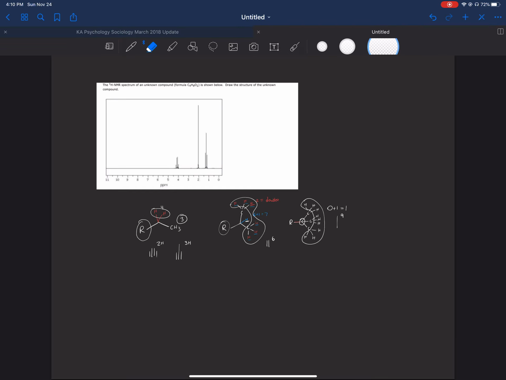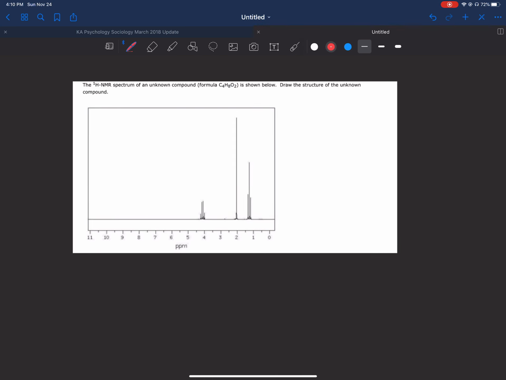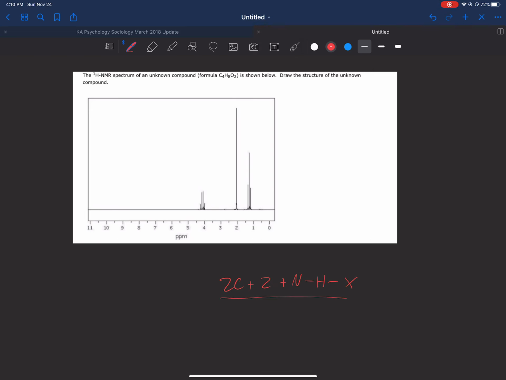So, we have C4H8O2. First thing you always have to do when doing HNMR, CNMR, always calculate your IHD. So again, that formula is going to be 2C plus 2 plus N minus H minus X, that means halogens, all over 2. So we're going to have how many carbons?